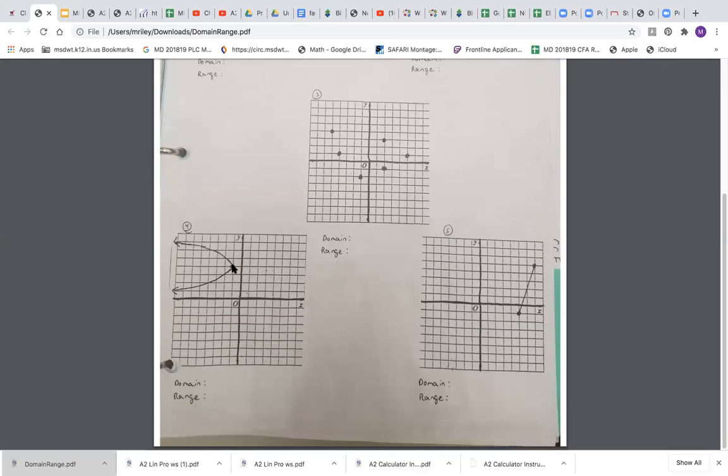Somebody besides Allison, because she did it last time, tell me what you got for number 4. Caden, go. What'd you get for number 4? For the domain, x is greater than or equal to -1.